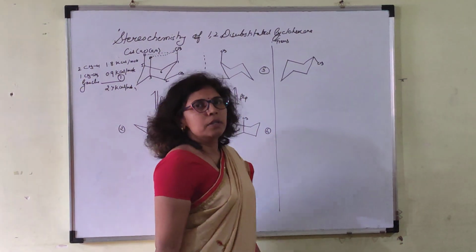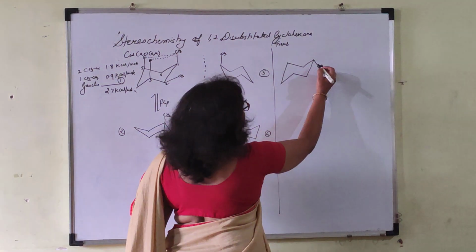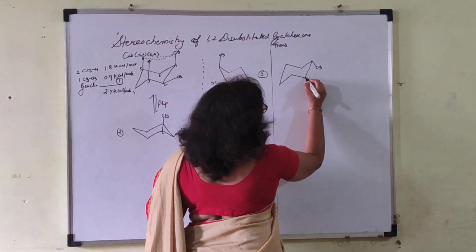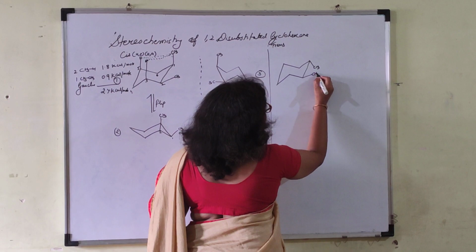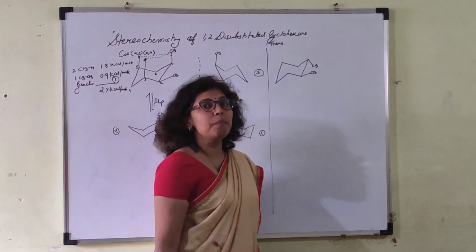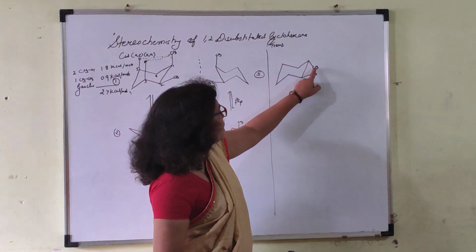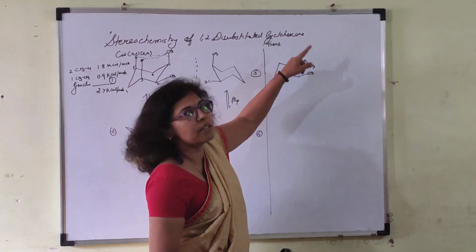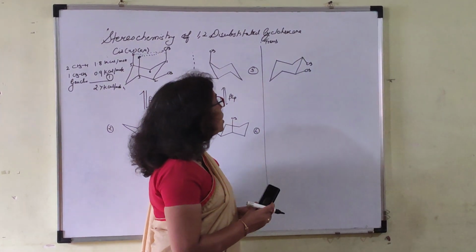If this CH3 is at the equatorial position in carbon number 1, then CH3 has to be in the equatorial position for carbon number 2. That is, one CH3 lies below the plane, the other CH3 lies above the plane, and this becomes your trans isomer.